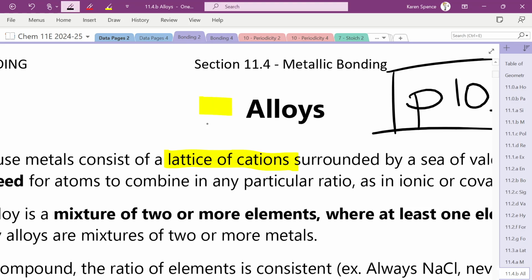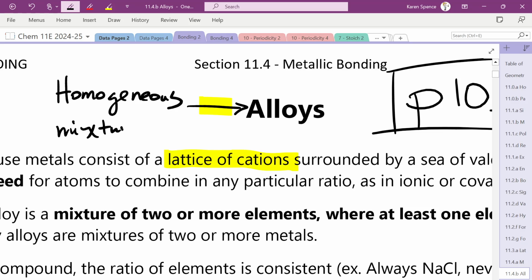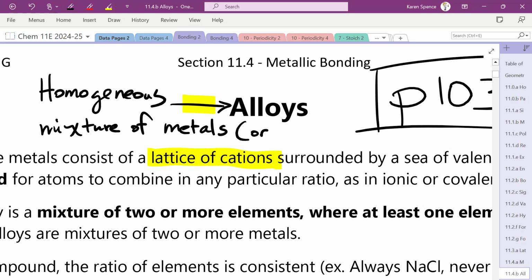Yeah, exactly. So they're homogeneous mixtures of usually metals or sometimes nonmetals.